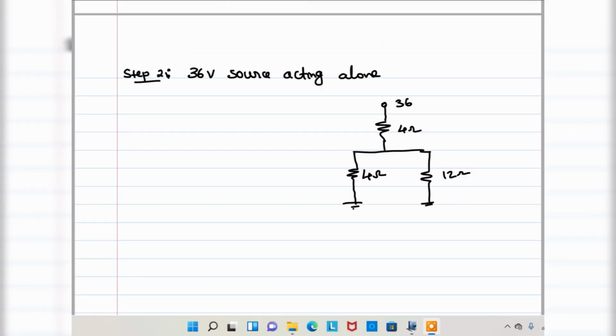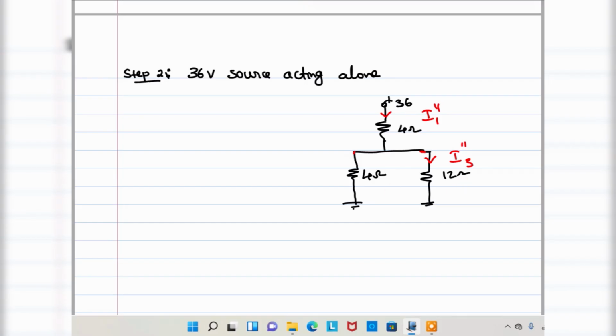Okay, next 36 voltage source acting alone. Whenever 36 voltage source acting alone, again these currents are I1 double prime. You want this current, right? That will be I3 double prime. Now, first of all I want to find out the total current. Then only it is possible to find out this current flowing through the 12 ohm resistance.